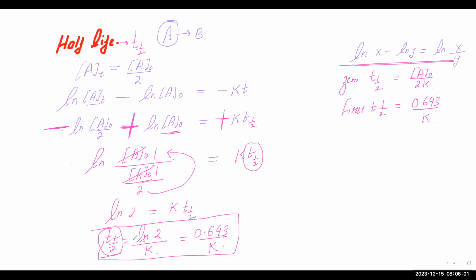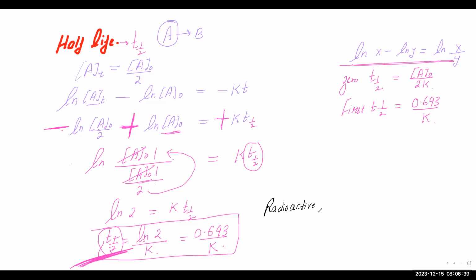You can start your reaction with 100 molar, 200 molar, 1 kilogram, 2 kilogram, 1 quintal, 20 quintals, whatever the amount. Very large, very small, in 10 raised to the minus 6 molar, very, very small. Half-life will remain constant, will not change. And it is very important to note here that all the radioactive reactions, the nuclear reactions, they define half-life.